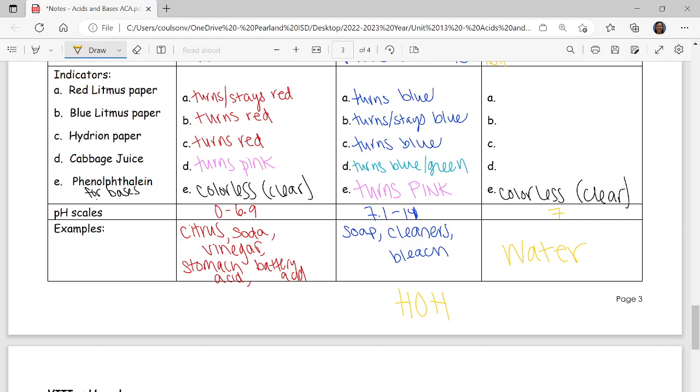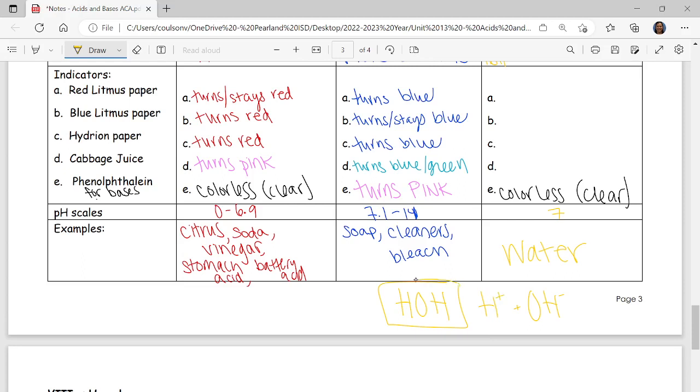This is made up of a hydrogen ion and a hydroxide ion. So even though there is a hydrogen as part of hydroxide, if it's part of this ion, it is only considered a hydroxide ion. This is a hydrogen ion, always has the plus charge. And then hydroxide is always a negative.